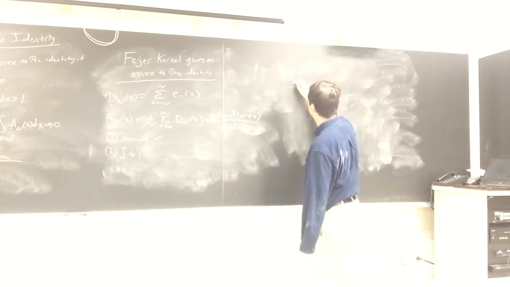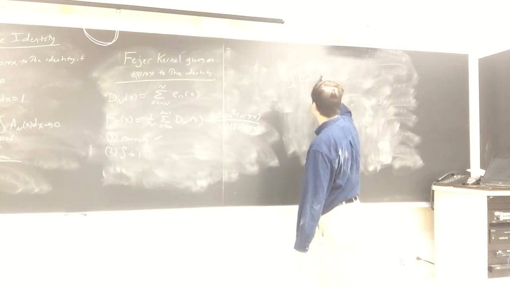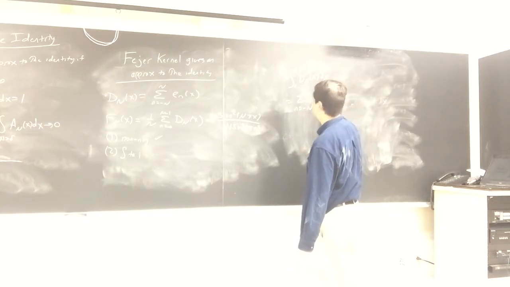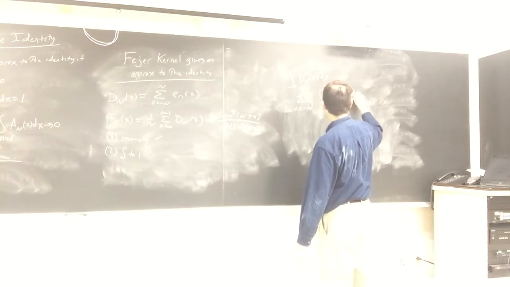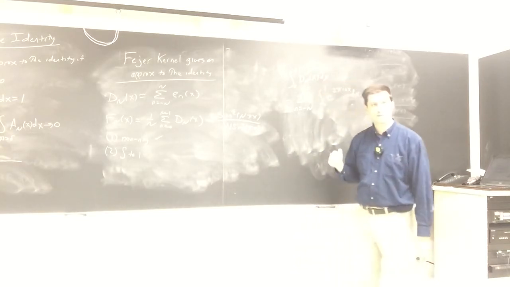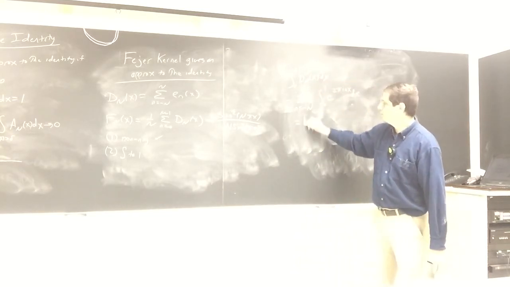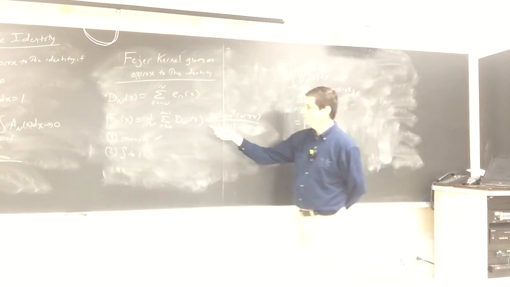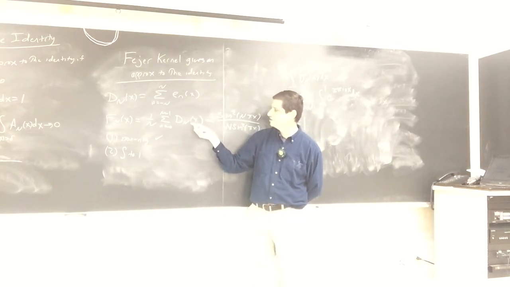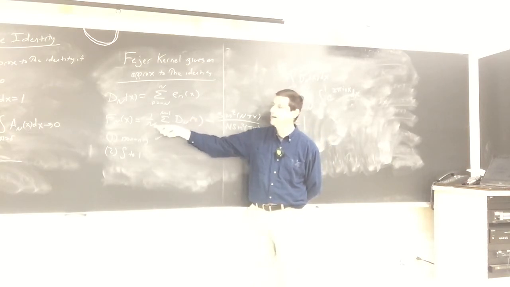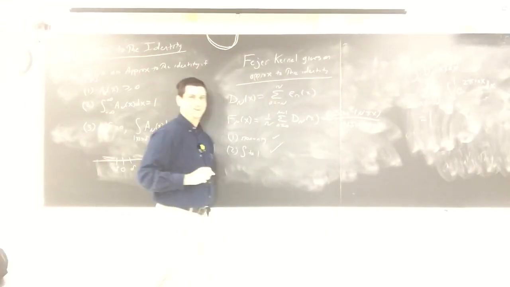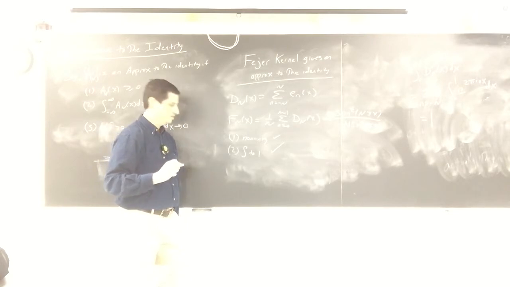So the integral from 0 to 1 of D_n of x dx is the sum, n goes from minus N to N, of the integral from 0 to 1 of e to the 2 pi i n x dx. The only contribution is when little n equals 0. So each of the D_n's always integrates to 1. I have N of them, I then divide by N. It integrates to 1. Two out of three. All right, this is meatloaf level.